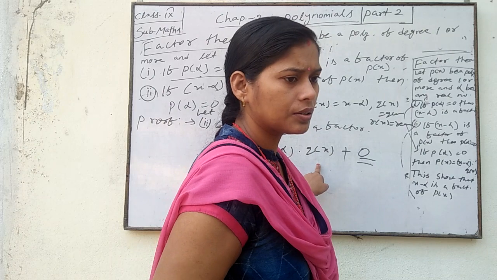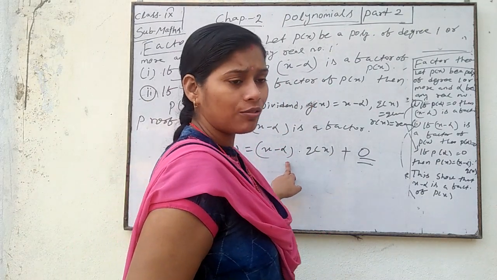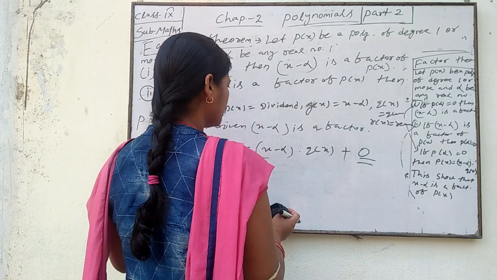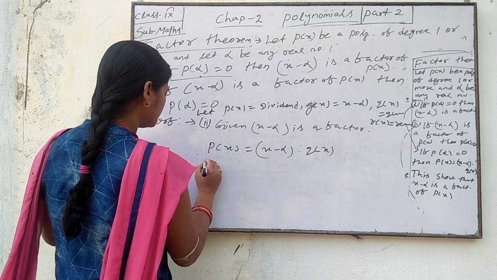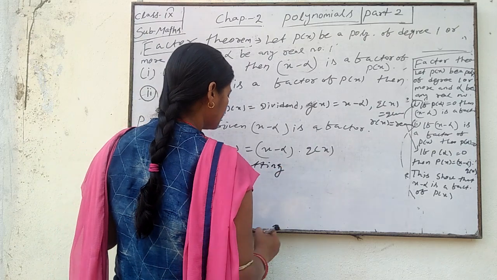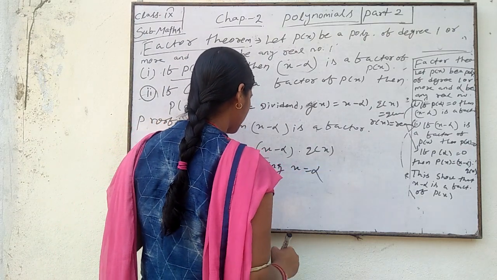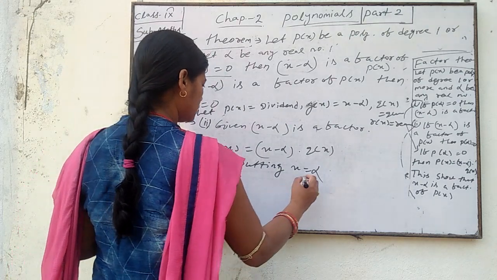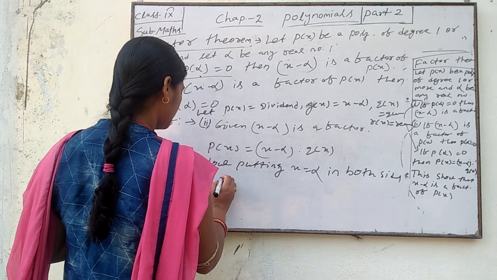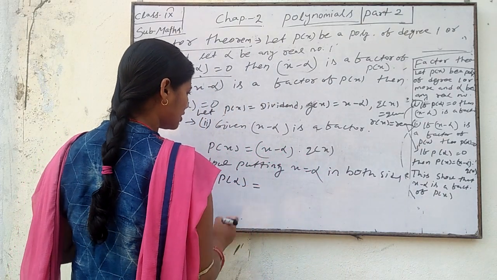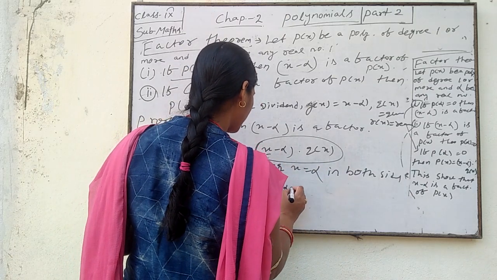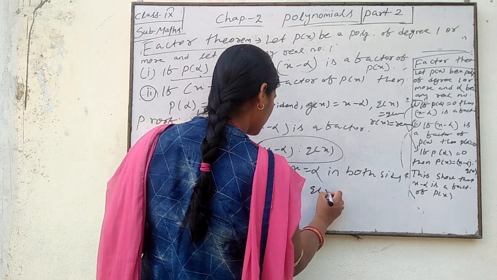So p of x is x minus alpha into q of x. Now putting x equal to alpha on both sides, p of alpha is equal to alpha minus alpha multiplied by q of alpha.